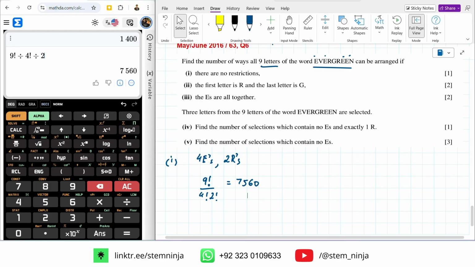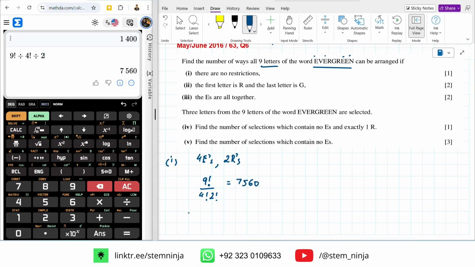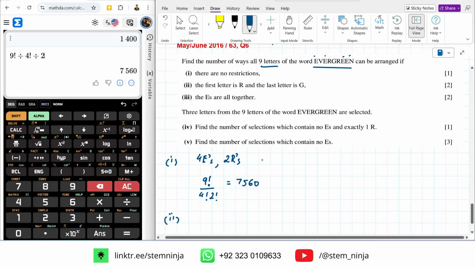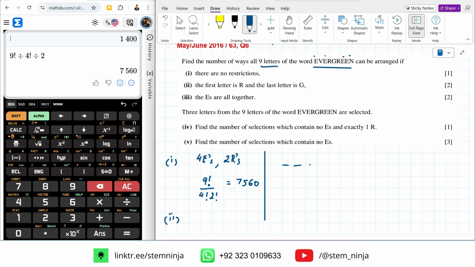All right. The first letter is R and the last letter is G. So what we are doing over here, in this 9-letter word, 1, 2, 3, 4, 5, 6, 7, 8, 9, R was one of the ones that would duplicate, 2 R's, so there's no point to worry about the second R, but we do need to worry about 4 E's, right?